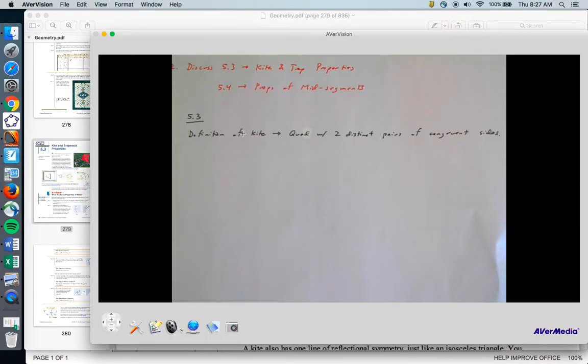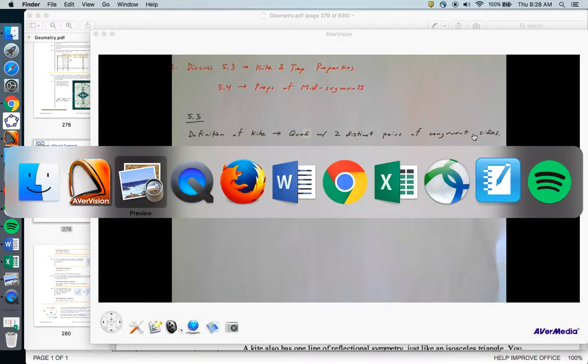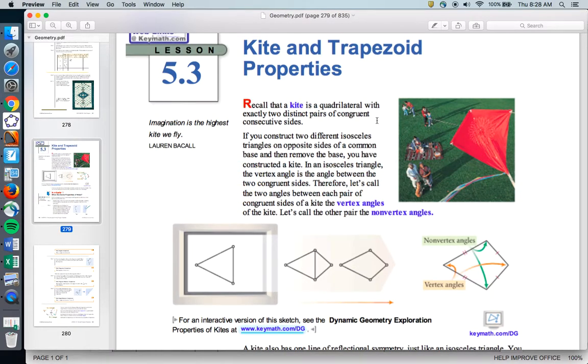So the first thing I did was write out this definition. A kite is a quadrilateral with two distinct pairs of congruent sides. The key here is the sides that are next to each other have to be congruent. So it's not like a parallelogram where it's opposite sides. And I'm realizing right now I need to put in consecutive.